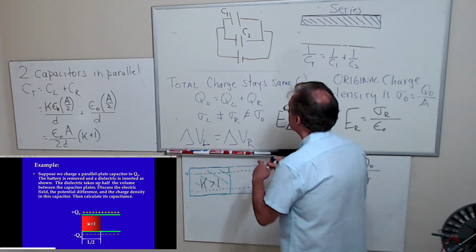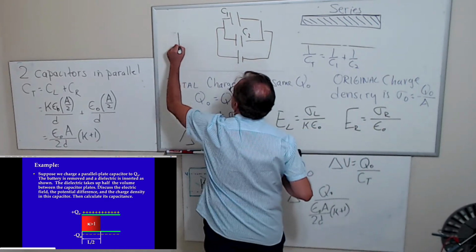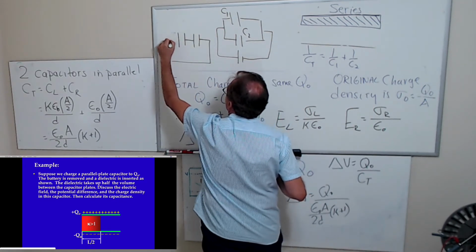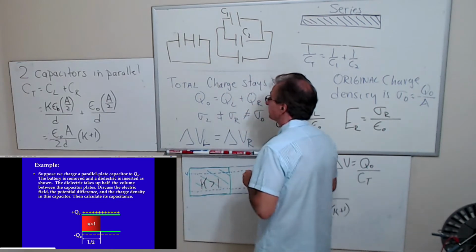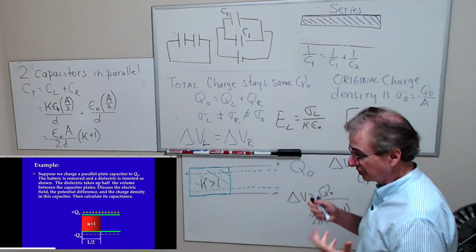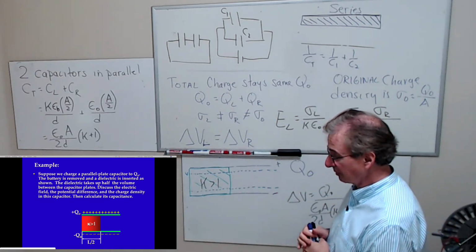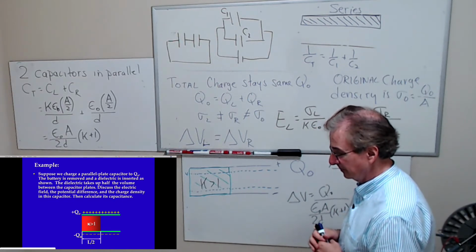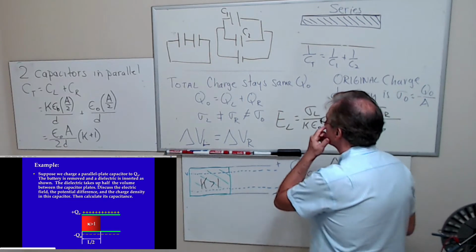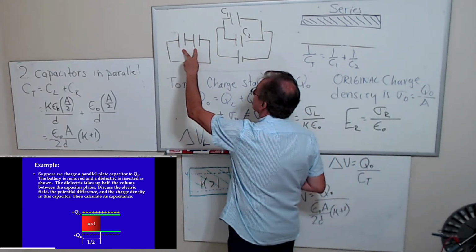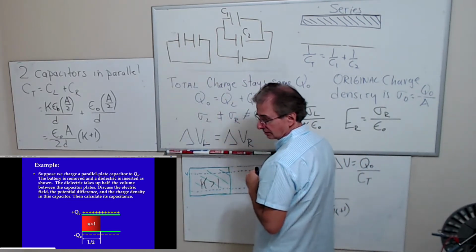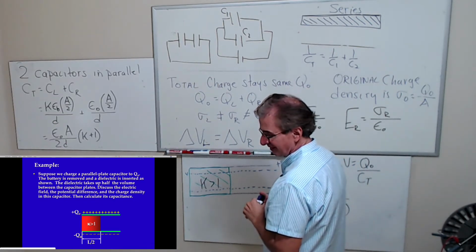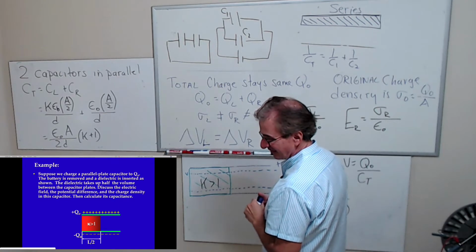I mean, you're talking about hooking up something like this. If you do that, there's no charge on the plate. Are you talking about charging them and then removing the battery somehow? Well, they're still connected in series. Actually, if you remove the battery, what's going to happen?